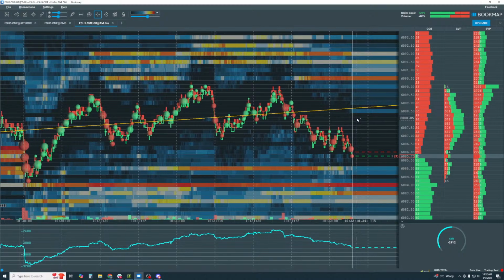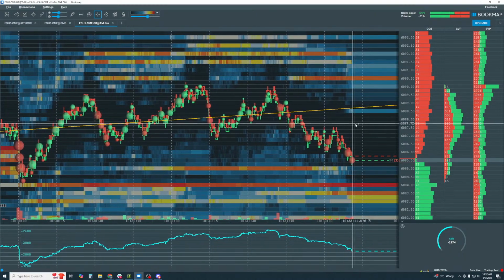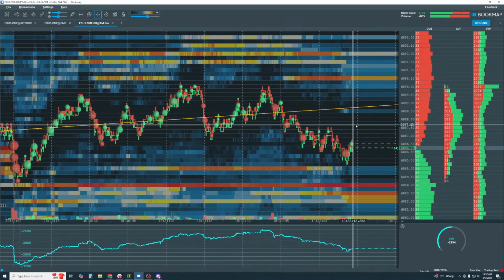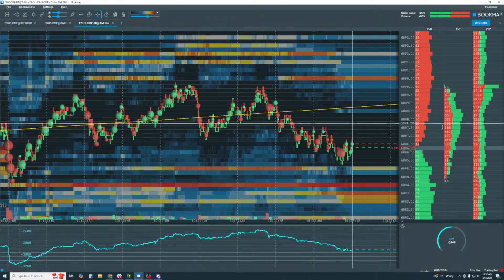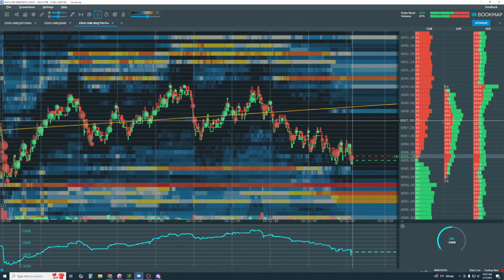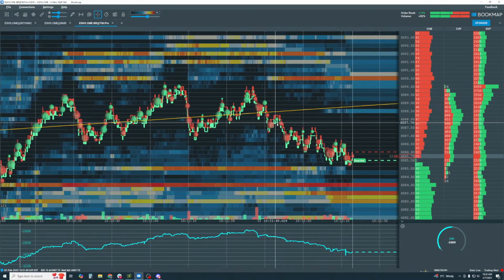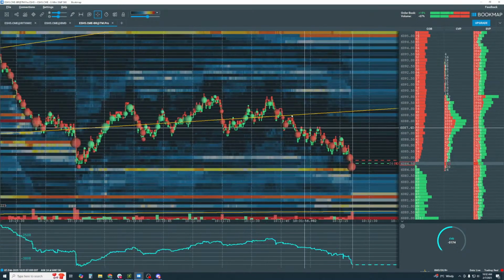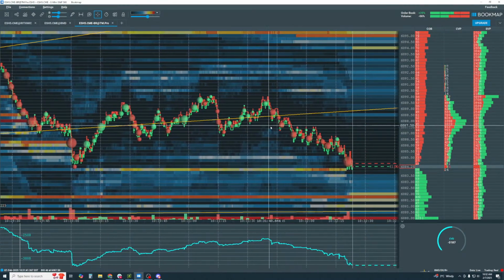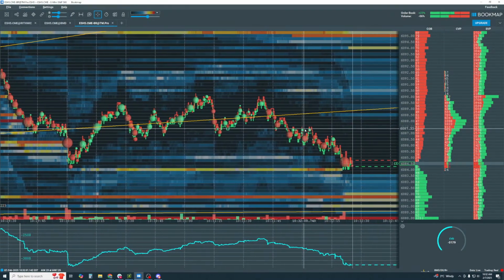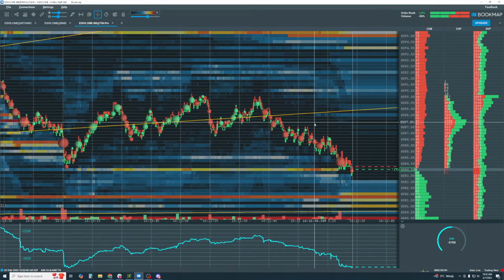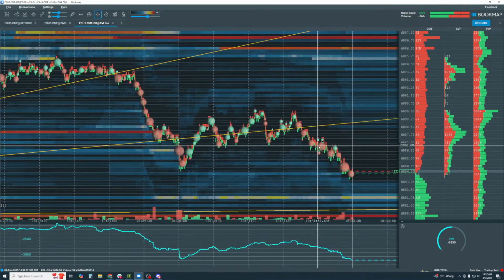So where would there be a potential opportunity? Maybe some exhaustion up into this area in here. We've got a higher volume node, and this is also where it's starting to break down from.